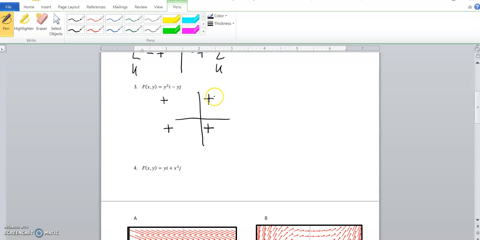Here, our y's actually flip because if y was positive to begin with, in our new equation, the y term is negative. So this y was positive, it turns negative. This y was positive, it turns negative. Down below, the y's were negative, but we have negative, negative, so that's positive. So these are everything to the right.